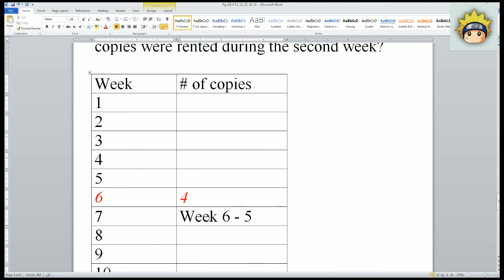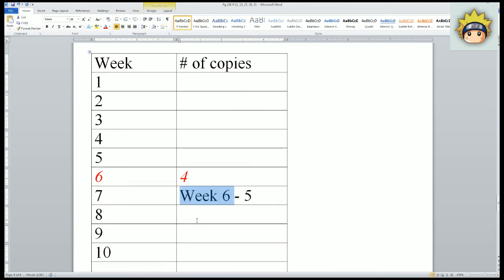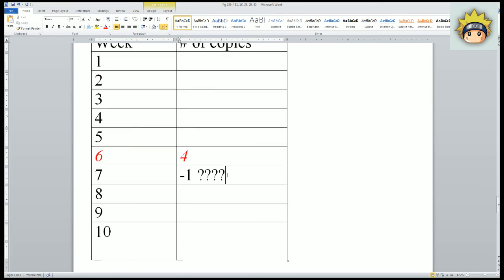So week 6 minus 5 is equal to the number of copies I have. What is week 6? I had 4 copies. What is 4 minus 5? Negative 1. That doesn't really make sense. Can you have negative 1 copies? You really can't. So this is confusing afterwards.